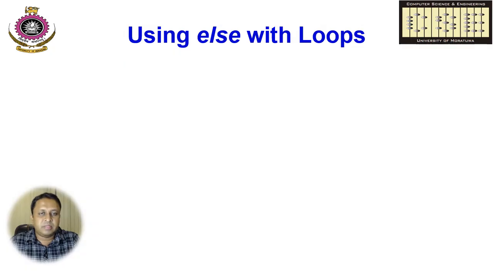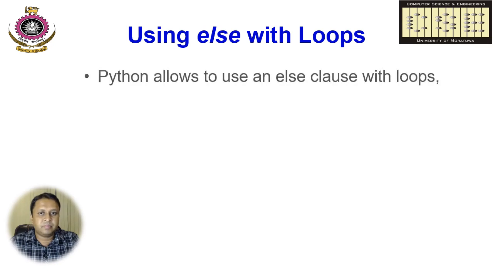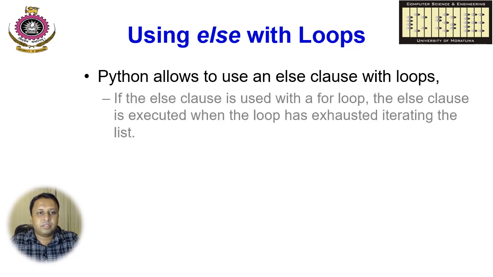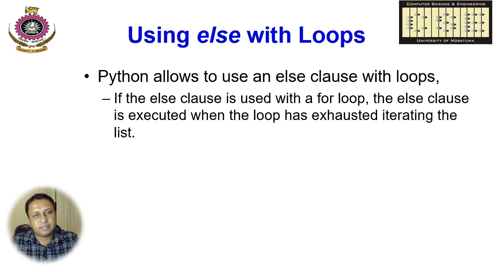You have used else clauses with if conditions in one of the previous lessons. With loops also, you can use else clauses with both while loops as well as for loops. Python does allow that. If it is used with a for loop, the else clause is executed after the loop has exhausted iterating through the list.